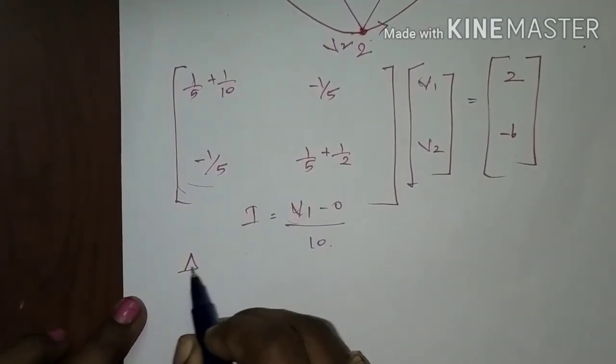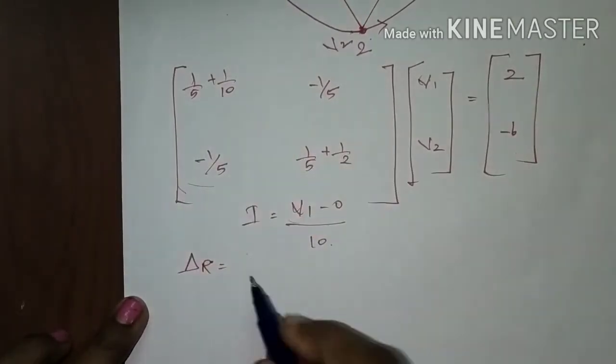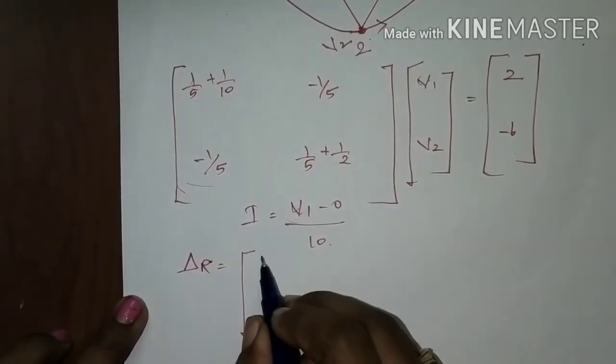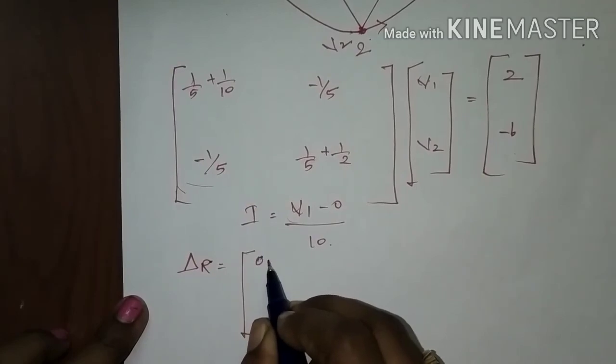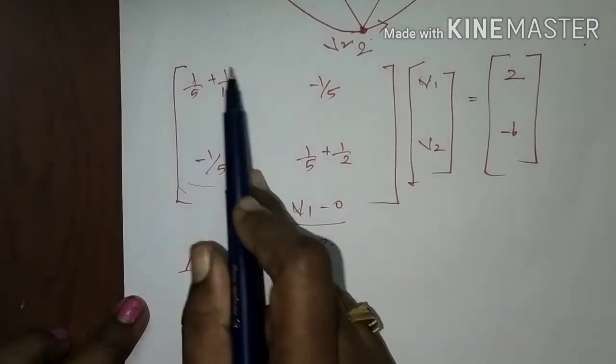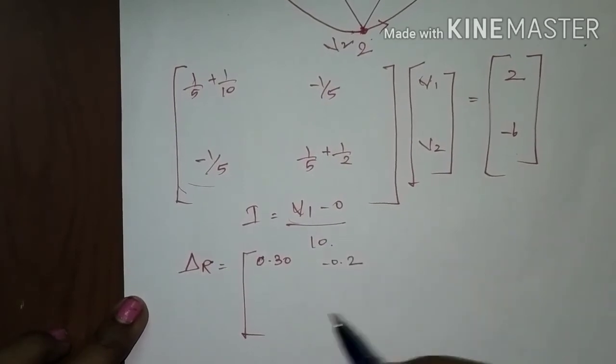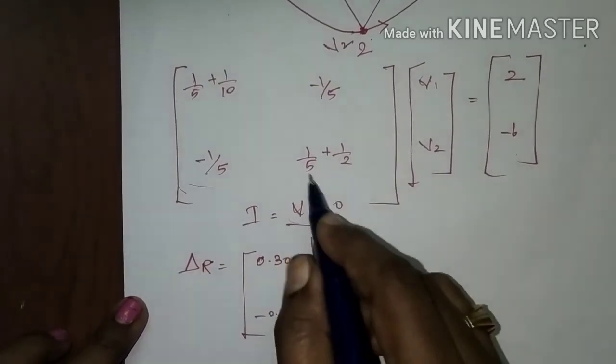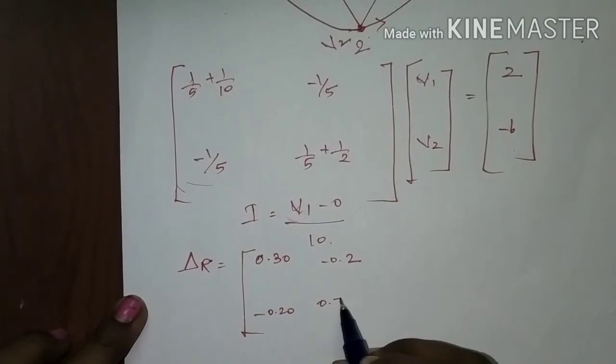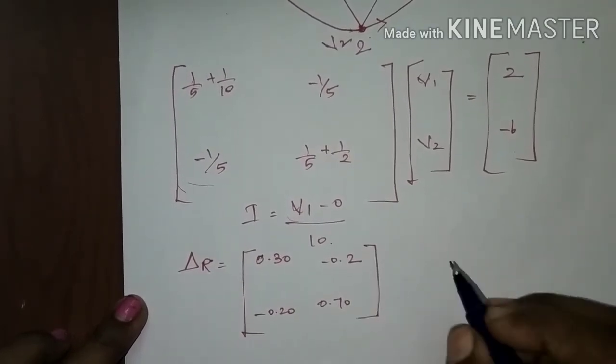So, del is the normal symmetric resistance matrix. After doing some mathematical calculation, you get 0.30. This 1 by 5 is minus 0.2, and this is minus 0.2, and here you will get the value as 0.70, right?